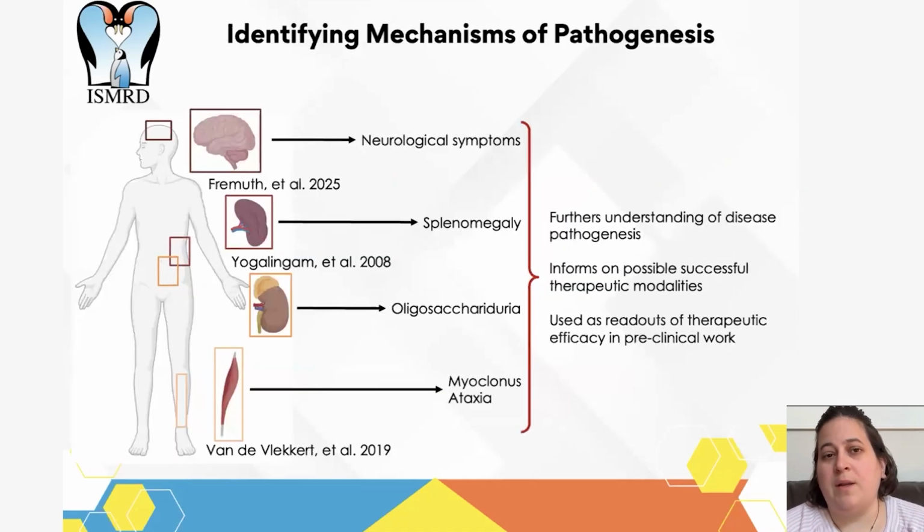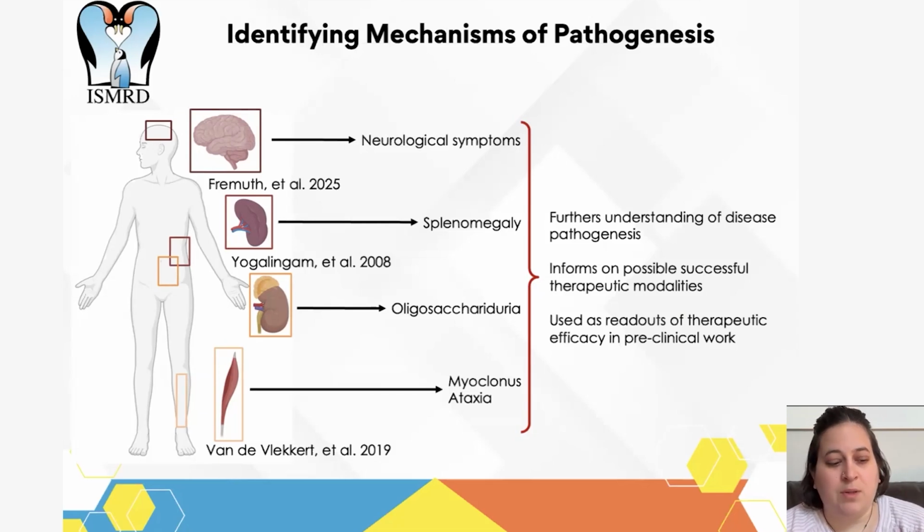In terms of identifying the mechanisms of pathogenesis, Sandra's lab has gone throughout the body to many different tissues, from what causes splenomegaly to what causes muscle phenotypes, as well as some indication of what could be contributing to neurological phenotypes that are seen in a subset of sialidosis patients.